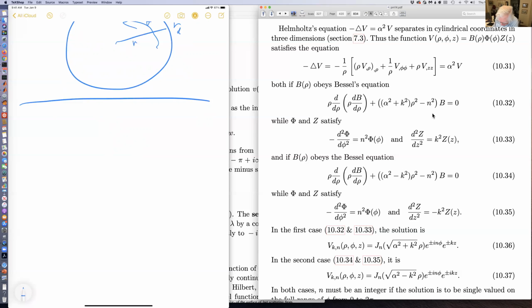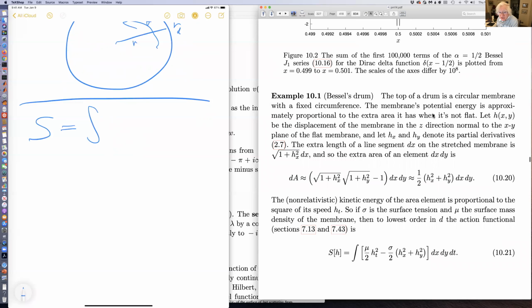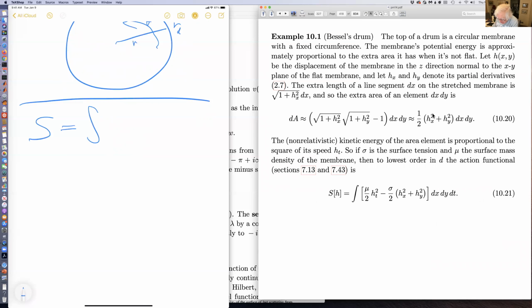So in other words, first of all, we have something called the action. So this is some integral of something or other. Now, usually this is an integral. In fact, if we go back to this particular case to use this example, the action here is mu over 2 (dh/dt)^2 minus sigma over 2 ((dh/dx)^2 plus (dh/dy)^2) dx dy dt.